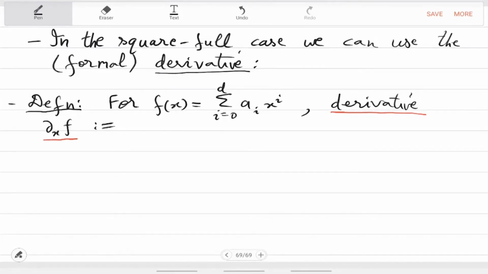The derivative in complex analysis is defined by some limits, etc. But what is the final result? The final result is that the derivative of x to the i is just i times x to the i minus 1. So that is a syntactic expression. So by bypassing all the analysis, we just define that to be the derivative.